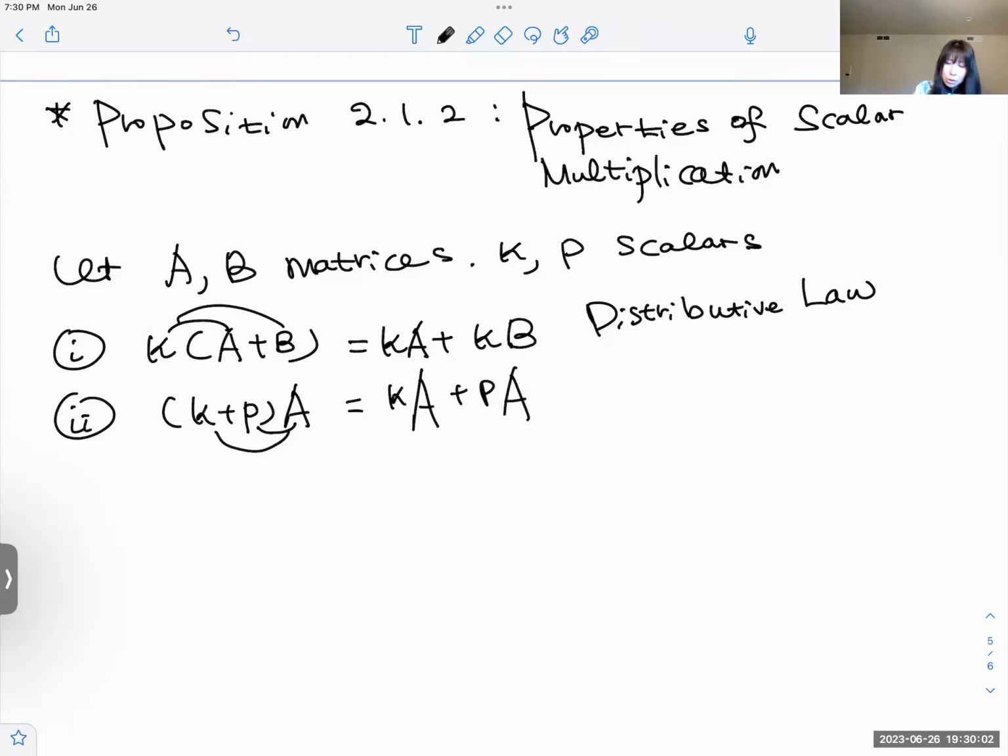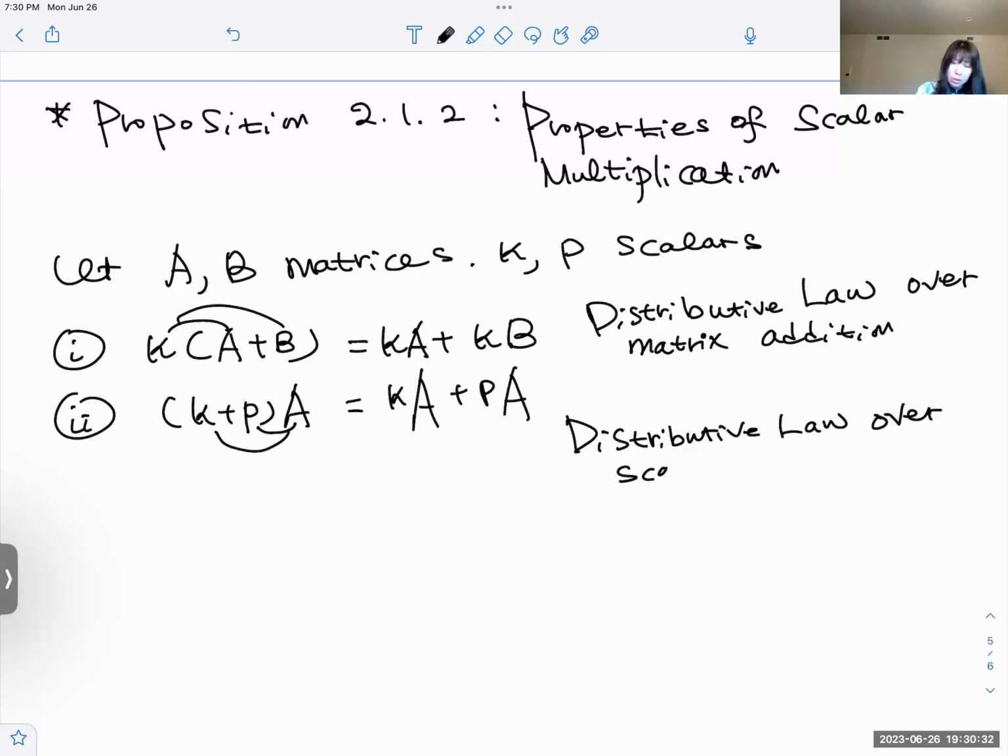So this is also distributive. The first is distributive over matrix addition, and this one is distributive over scalar addition.